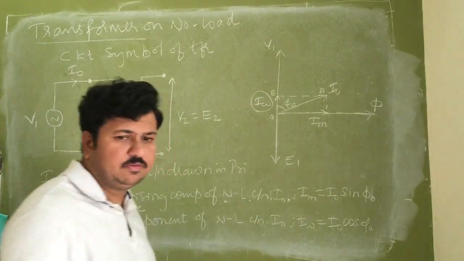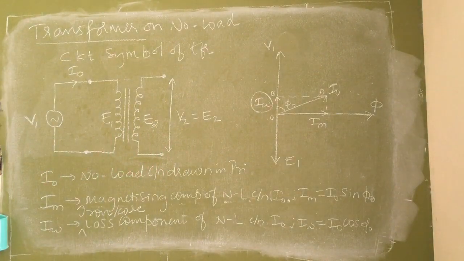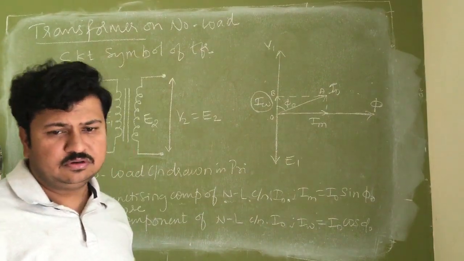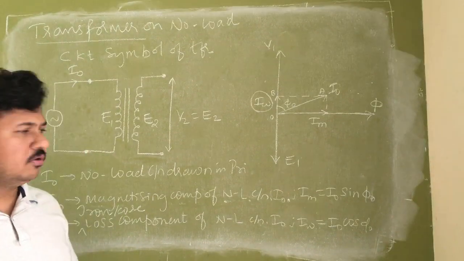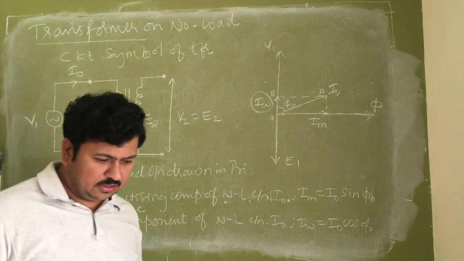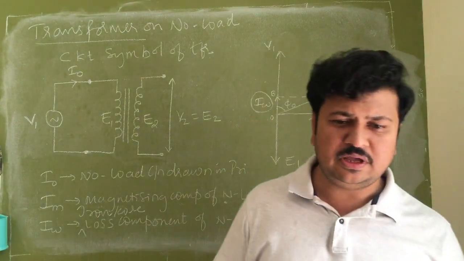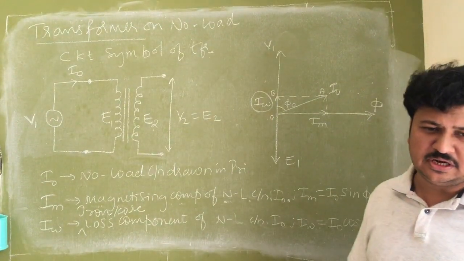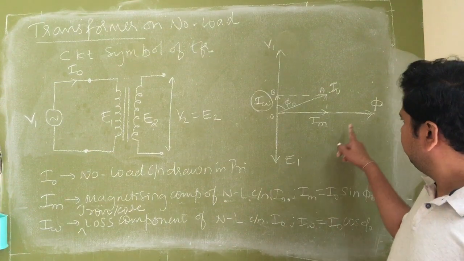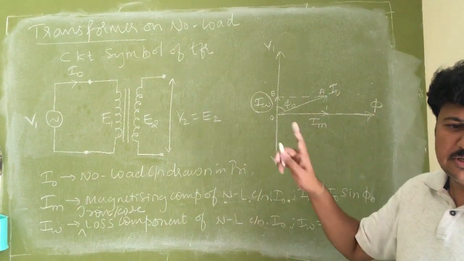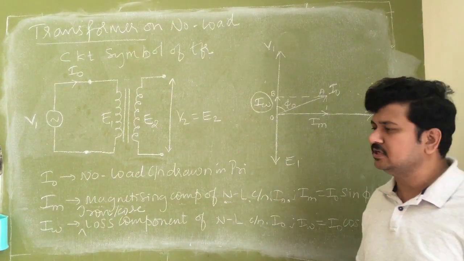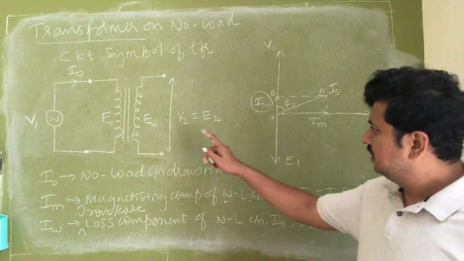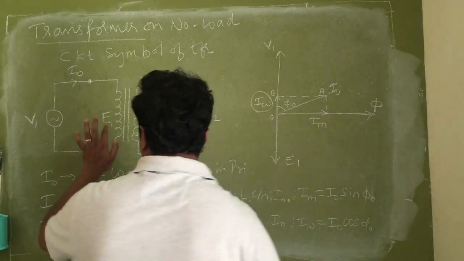This is as per the EMF equation. We have seen that the induced EMF E1 equals Em sine of omega t minus 90, when I took phi equal to phi m sine omega t. So the electromagnetically induced EMF will always lag behind the flux by 90 degrees, by nature.